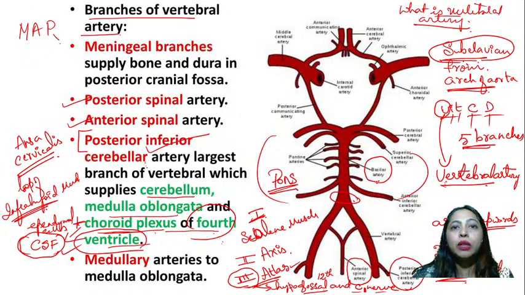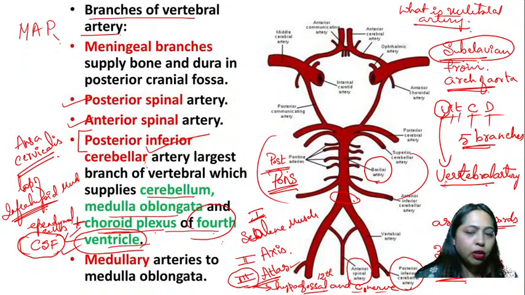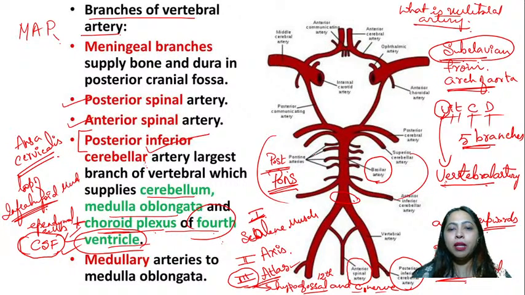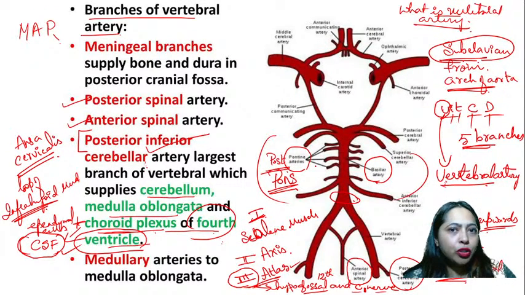Okay, so this is what happens to vertebral artery. So this is what lies at the posterior aspect of the pons. So you will see the basilar artery on the posterior aspect of the pons, and pons is supplied by all these pontine arteries. Okay, so when someone asks you, pontine arteries are the branches of, you can't say vertebral artery, you have to say basilar artery.